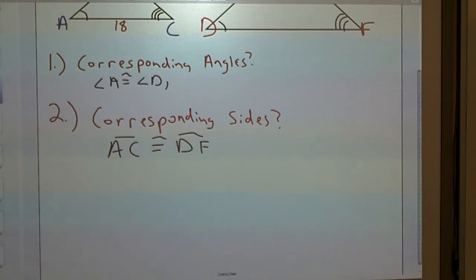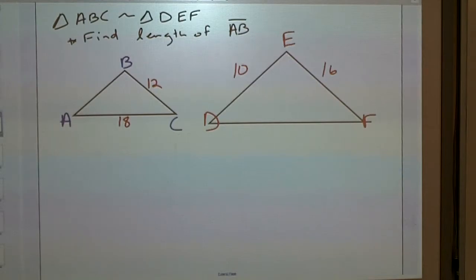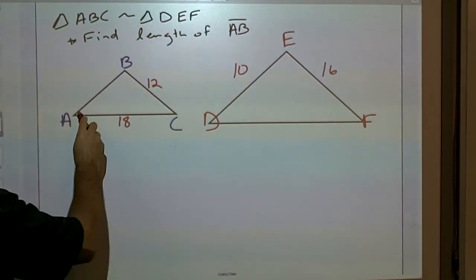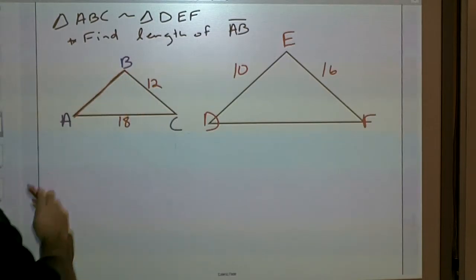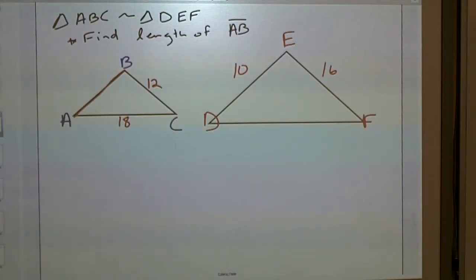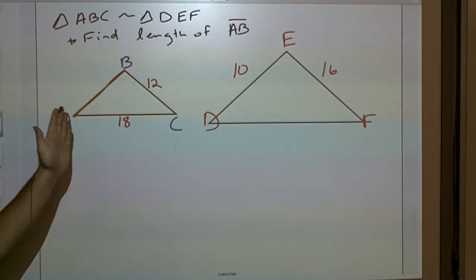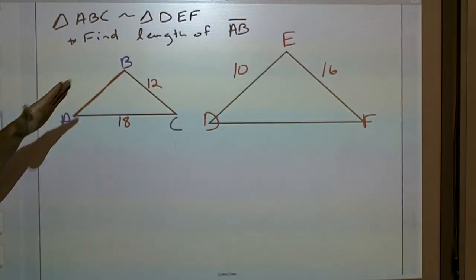Okay? So once we get that down, we know what our corresponding angles and corresponding sides are, we can actually go in and start solving some of these similar figure type problems. Right? If we're working with that same triangle and we wanted to find the length of A to B, we are going to use the fact that these are similar figures to solve for that length.